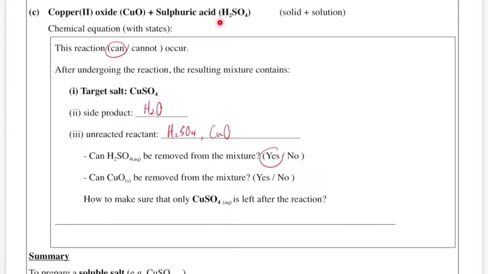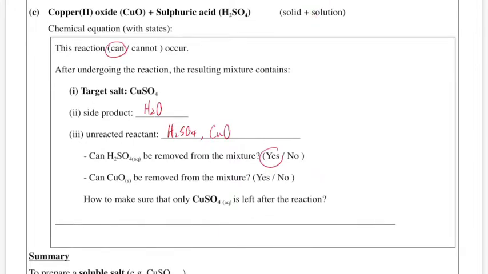And then if we add too much copper 2 oxide, and copper 2 oxide becomes the one that's in excess, then how can we remove the copper 2 oxide from the mixture? Here you need to notice that copper 2 oxide is in solid state. So would you be able to remove a solid from a solution?